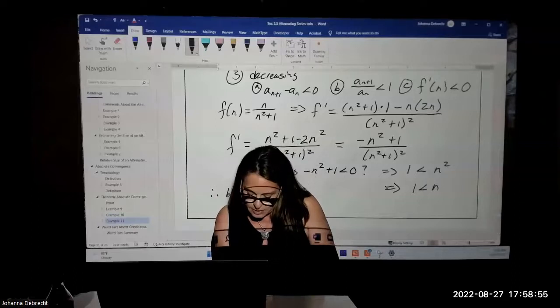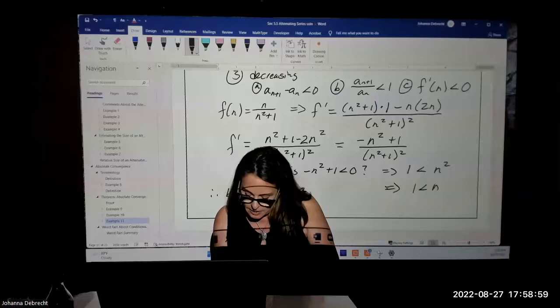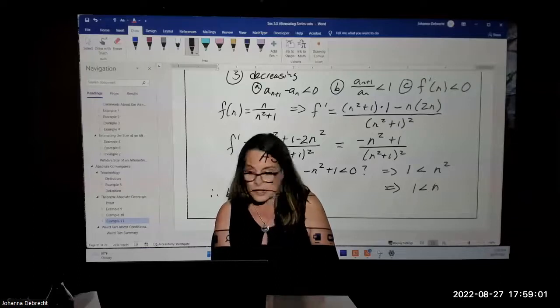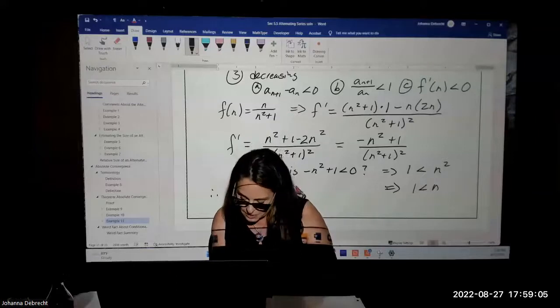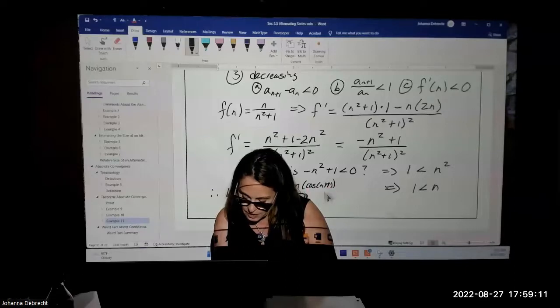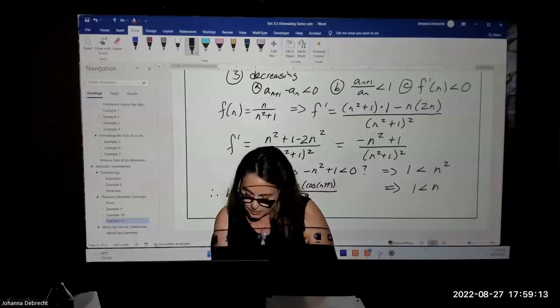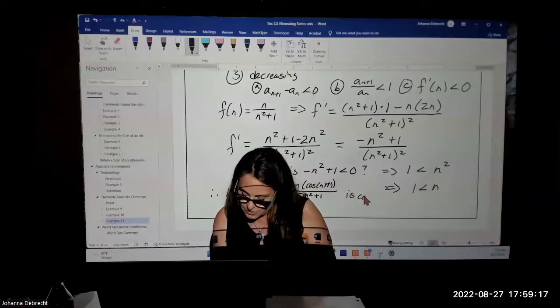Therefore, by the alternating series test, the original series, which I've lost track again of what it was, we've written it several times, n times the cosine of n pi over n squared plus 1, is conditionally convergent.